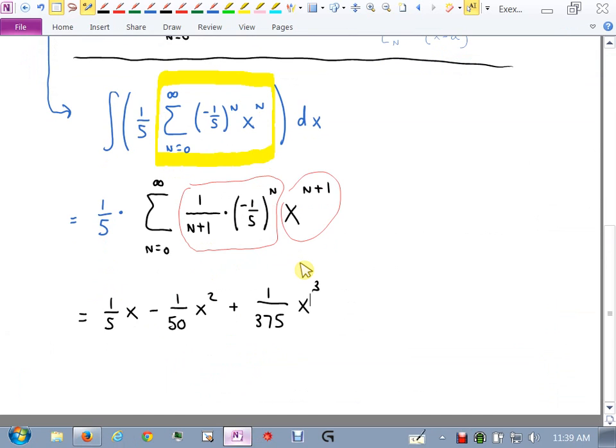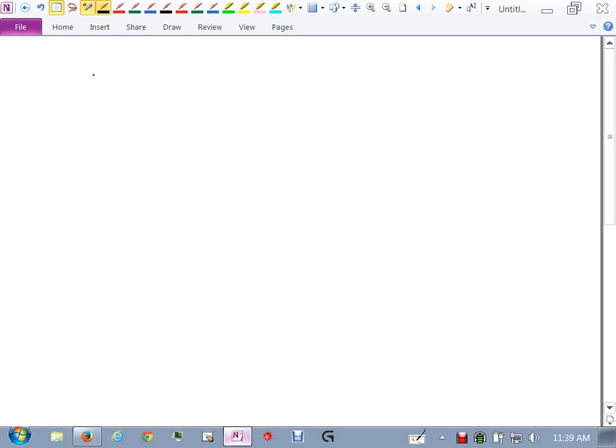Okay, next one. Let's take a look at expressing this as a power series: x plus 2 over 2x plus 1 times x minus 1. Now I'm going to work through this one kind of quick.